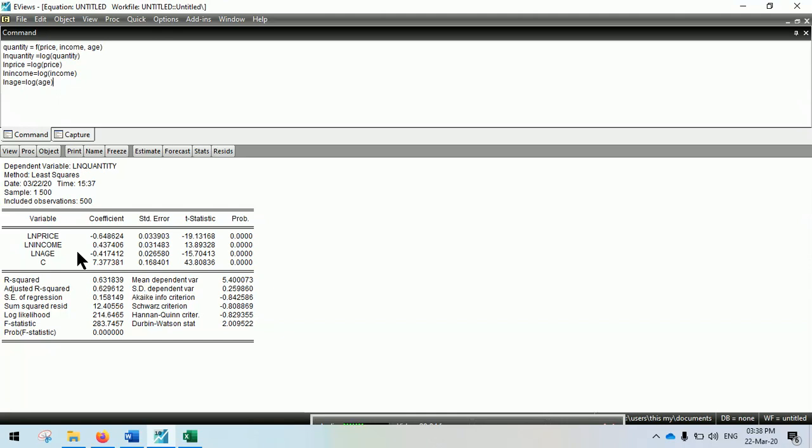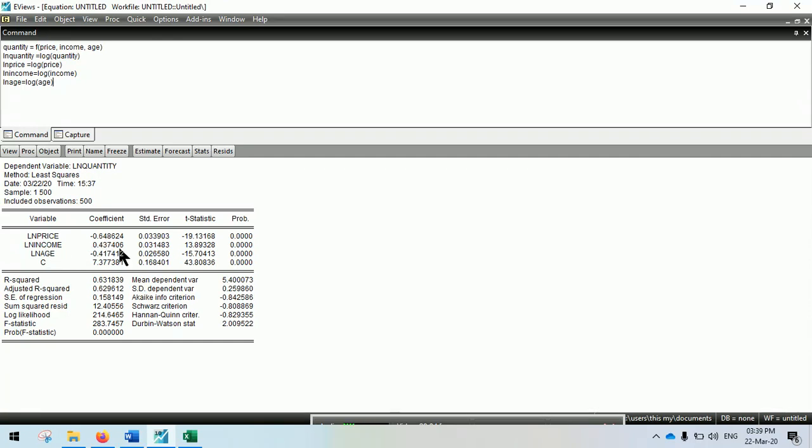Now again, how are we going to know the own price elasticity? If you remember, in our class we already discussed that the price elasticity in a log model is the coefficient of that particular variable. So for own price elasticity, the coefficient is minus 0.64, so the elasticity is equal to minus 0.64, which is inelastic because E in absolute value is less than 1.